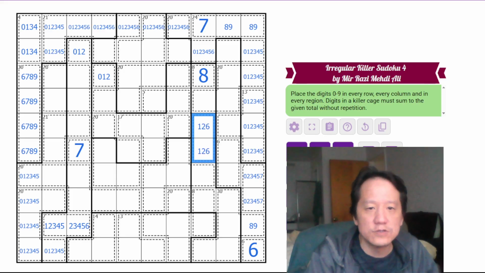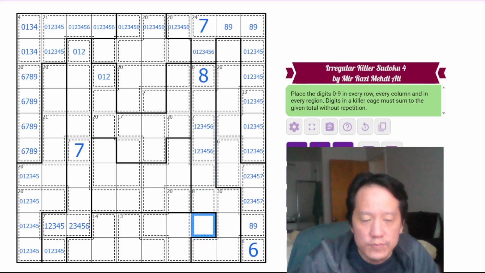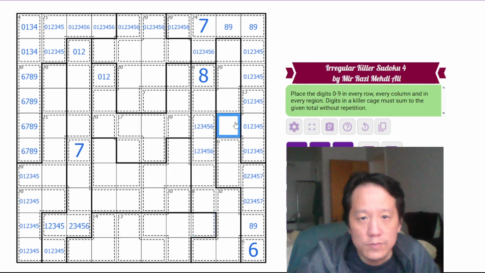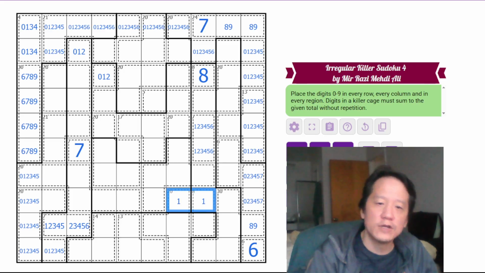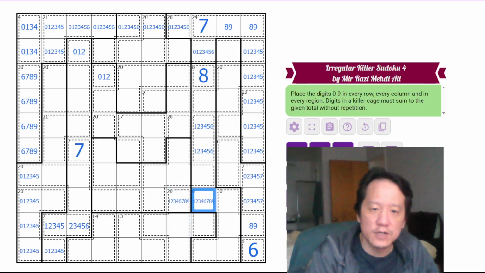It's 1, 6, 2, 5, or 3, 4. This is still the same. This adds up to 10. So you have 1, 9, 2, 8, 3, 7, or 4, 6 adding up to 10. This can't be 7 or 8 or 9. And it can't be 4.